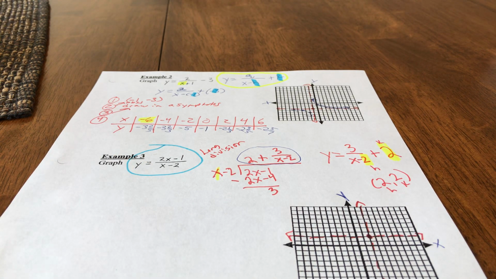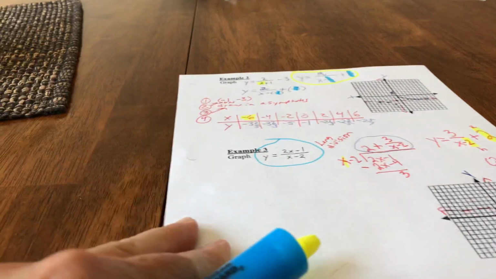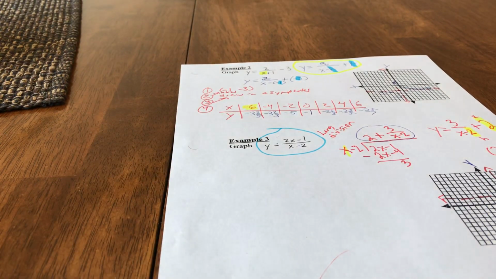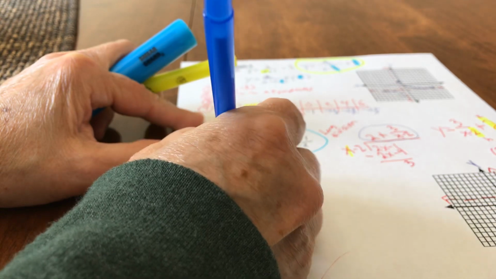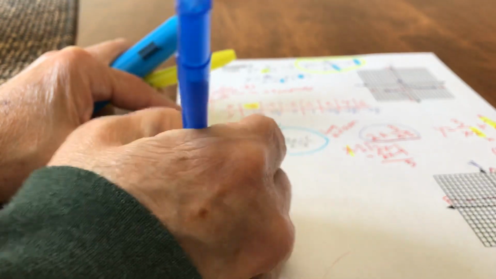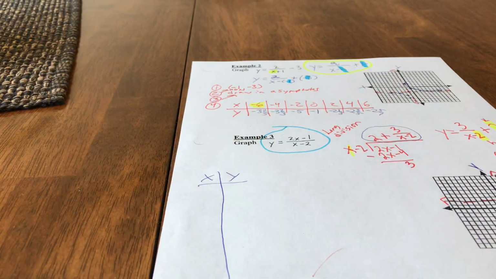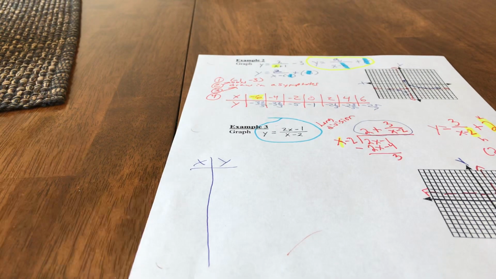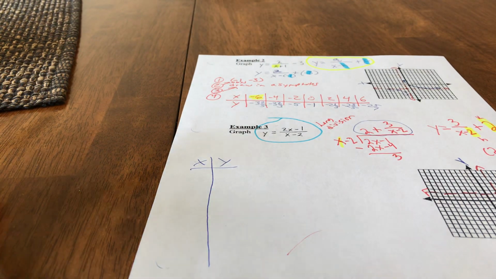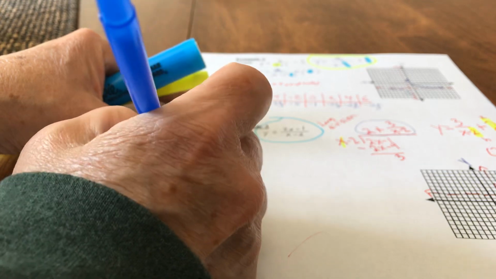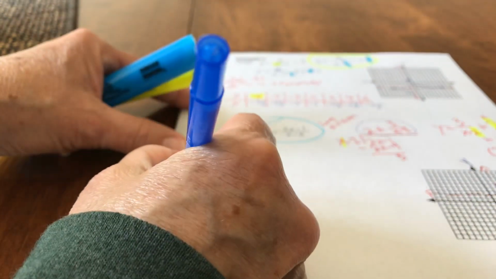Make a table and go about graphing. I'm going to make a vertical table because I like to. All right, so use the same numbers if you want based on where we're at.